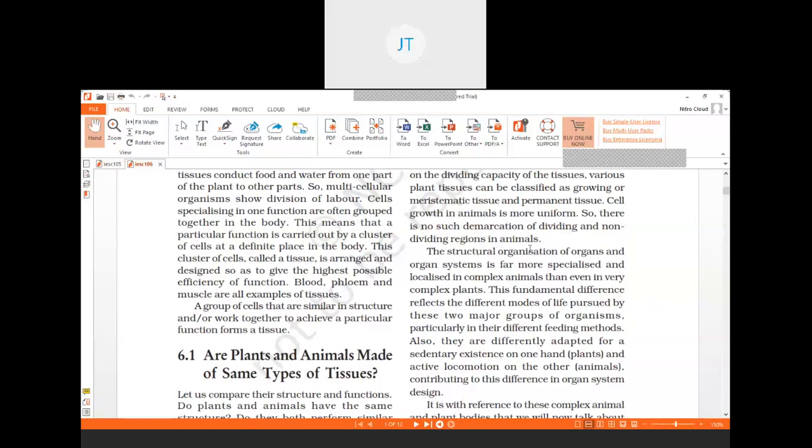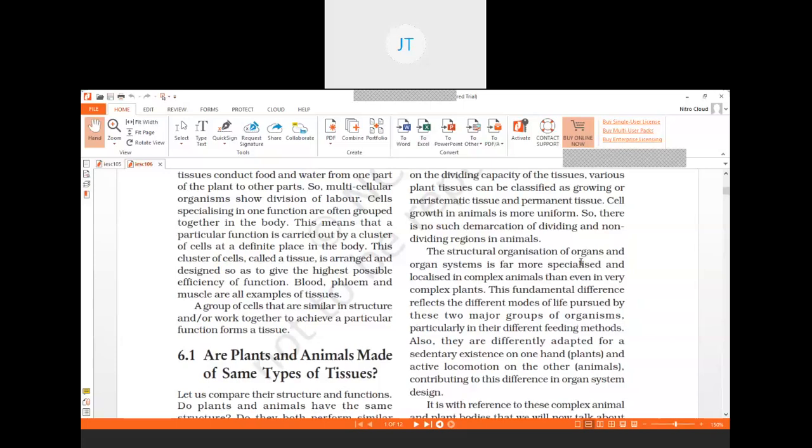The structural organization of organs and organ systems is far more specialized and localized in complex animals than even in very complex plants. Structural organization means how the organs together make a system, which I already explained.